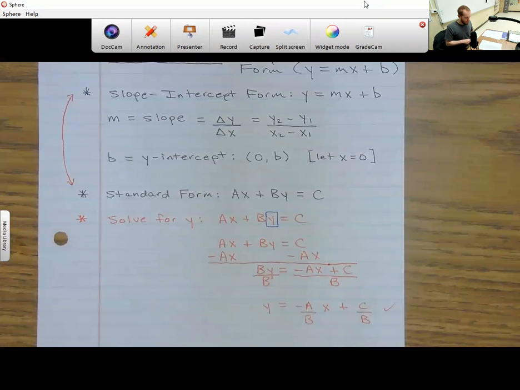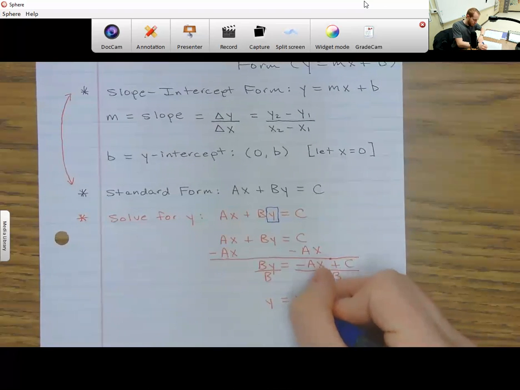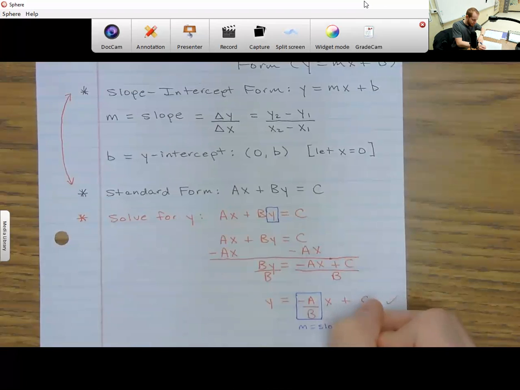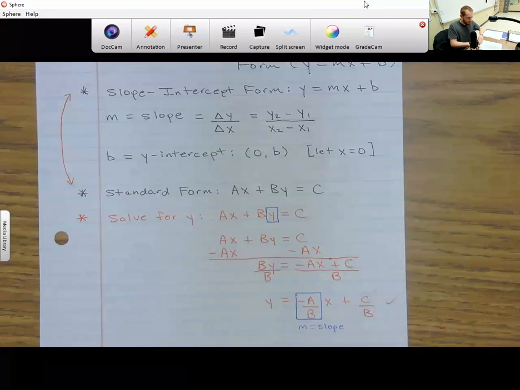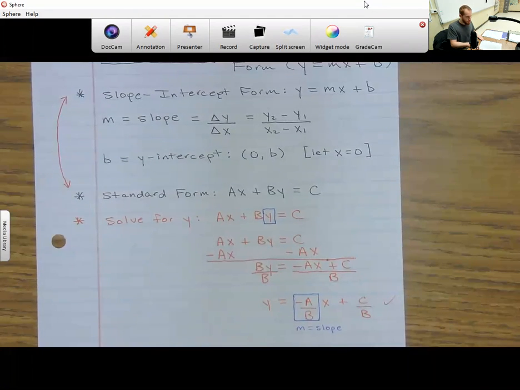Now, whatever number is in front of x, whatever number it is, it might be a whole number, it might be a fraction, it might be a weird irrational number, but whatever number is in front of x, that is called the m, or the slope. So whatever number is attached to x, that is called the slope.